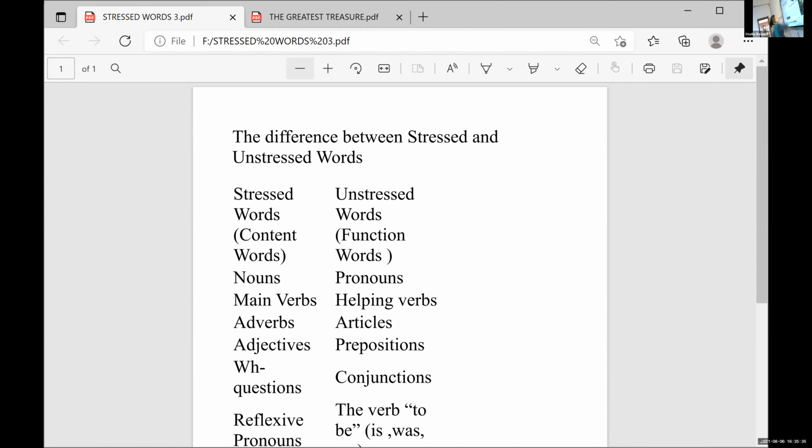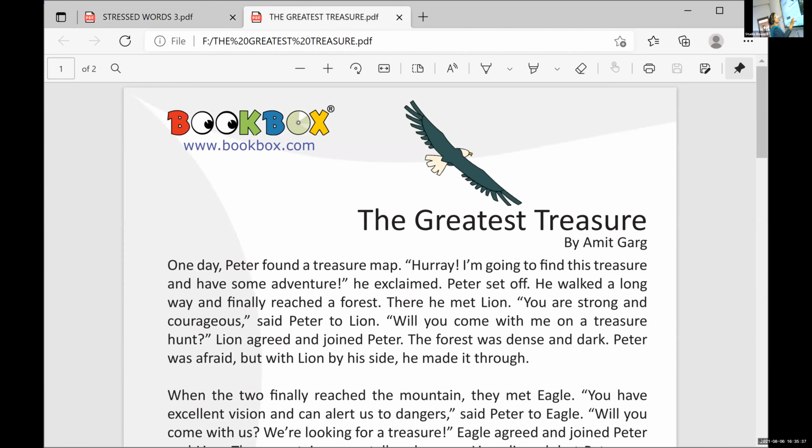Okay. Now, taking all this into consideration, we are going to read the story, The Greatest Treasure. I hope you remember this was sent to you, or this was played in the beginning in the class. The Greatest Treasure by Amit Garg.